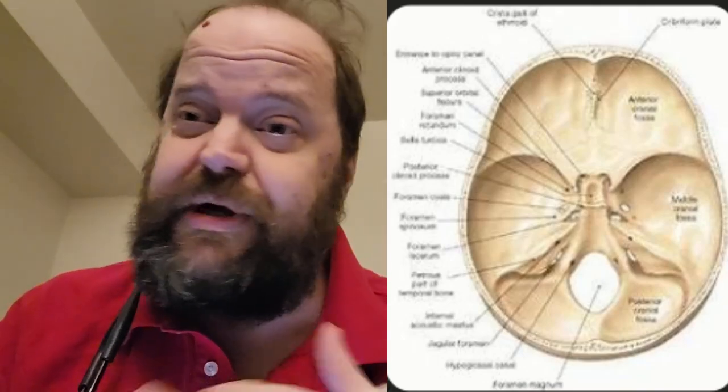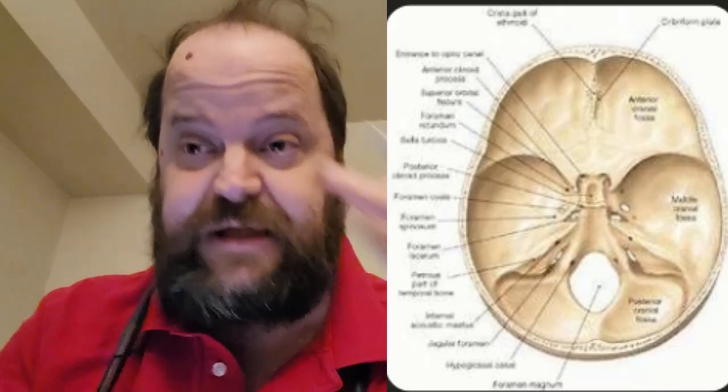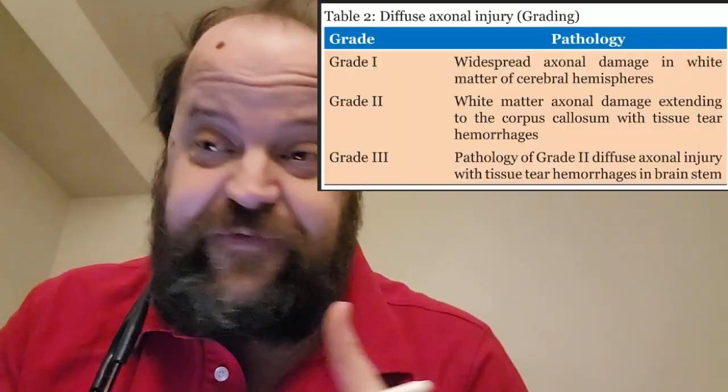There's also traumatic axonal injury or diffuse axonal injury. You see this in kids, and it's just the same as in adults. It's debatable whether there are either 3 or 4 grades of diffuse axonal injury.